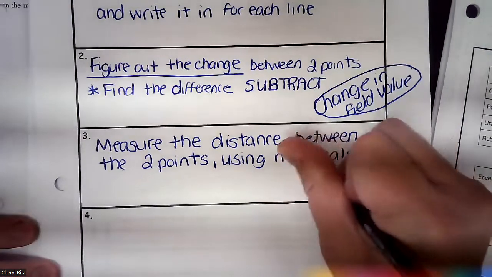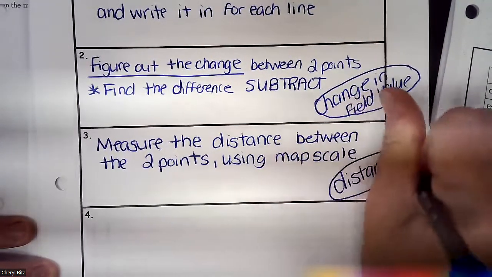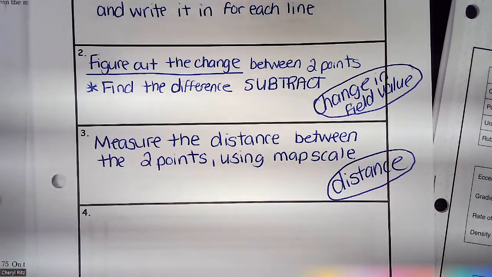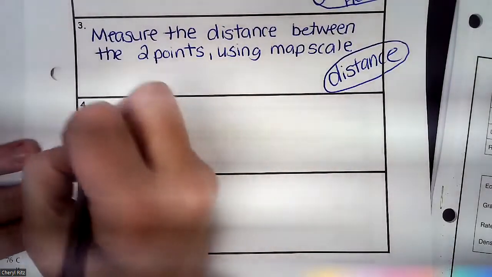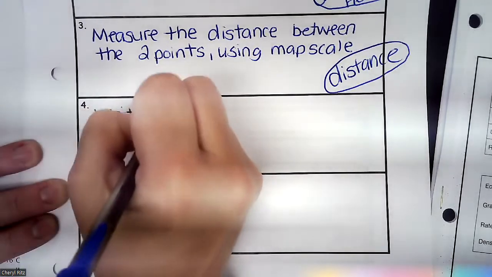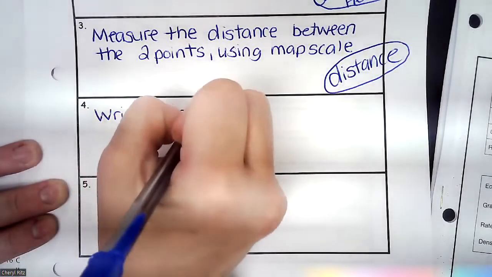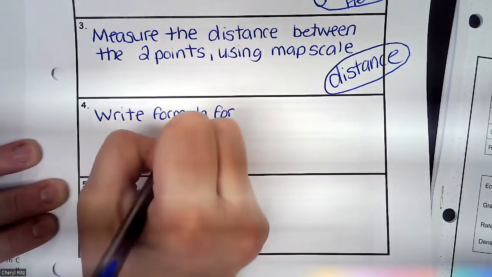And again, for the formula, this is the distance. Step 4 is going to be write the formula for gradient. Gradient.